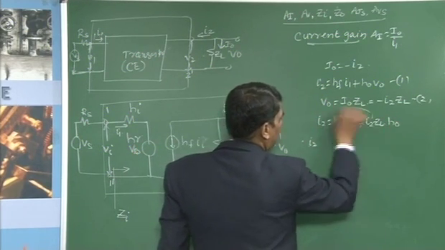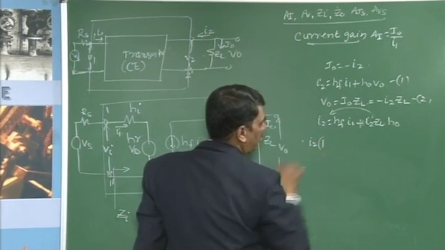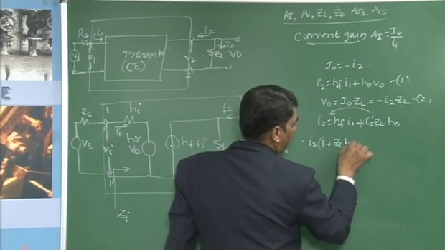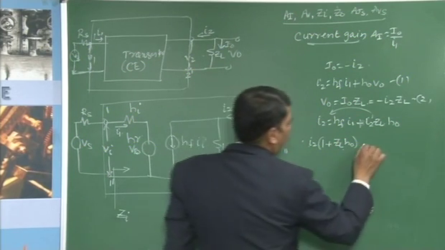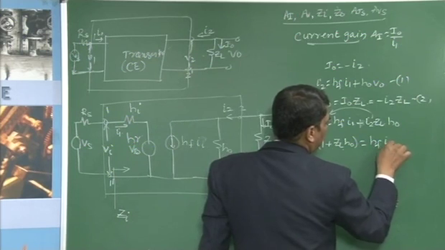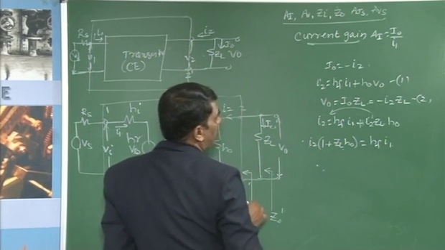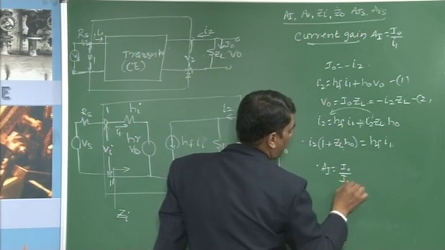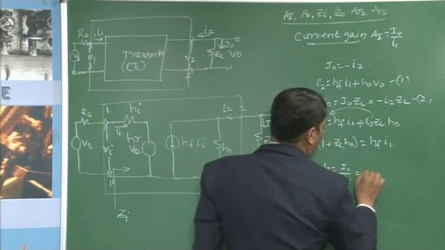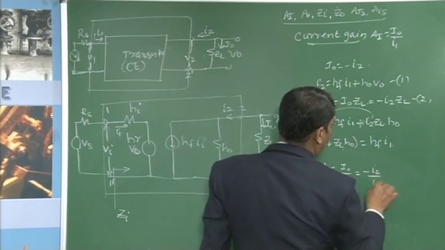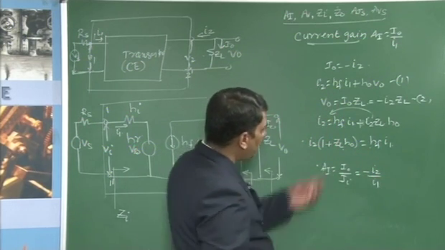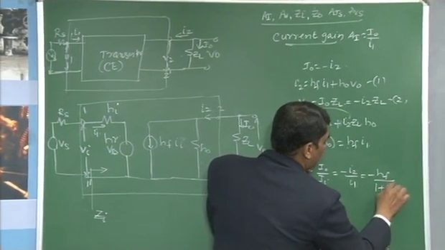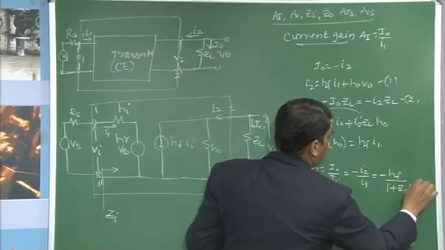If you take this term to the other side, you will get I2 into 1 plus ZL H0 equal to Hf I1. Hence, the current gain AI is equal to I0 by I1, which is also equal to minus I2 by I1. From this equation, the ratio is given by minus Hf divided by 1 plus ZL into H0.